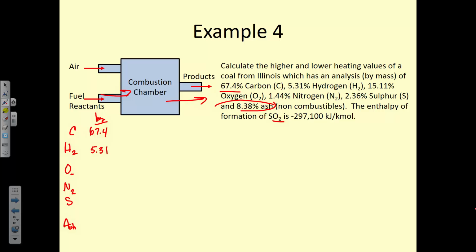Hydrogen is 5.31. Oxygen is 15.11. Nitrogen is 1.44. Sulfur is 2.36. Okay, so then we can look up the molar masses for each of those, which is in kilograms per kilomole. So we have 12, 2, 32, 28, and 32. And again, we don't care about the ash right now.